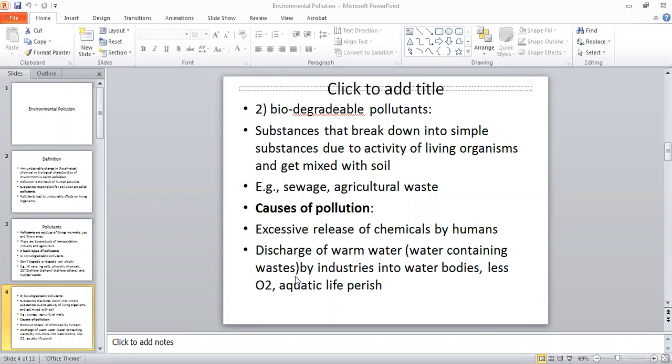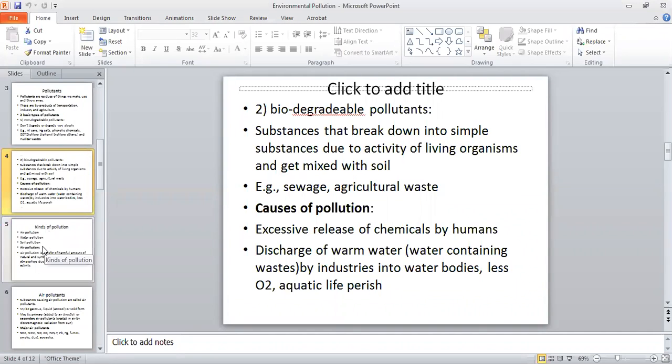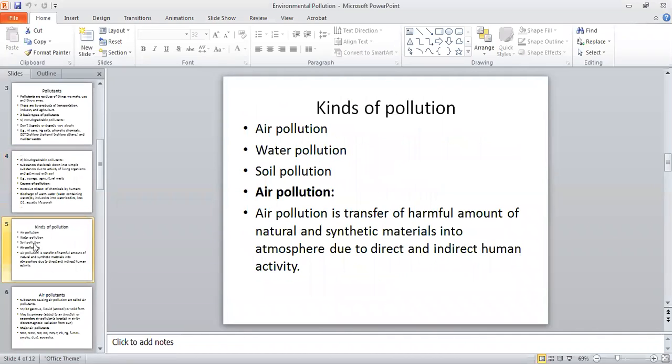This hot water is low in oxygen concentration, so the aquatic life, the animals living in that water body, will have harmful effects, or they can even die due to that polluted water.